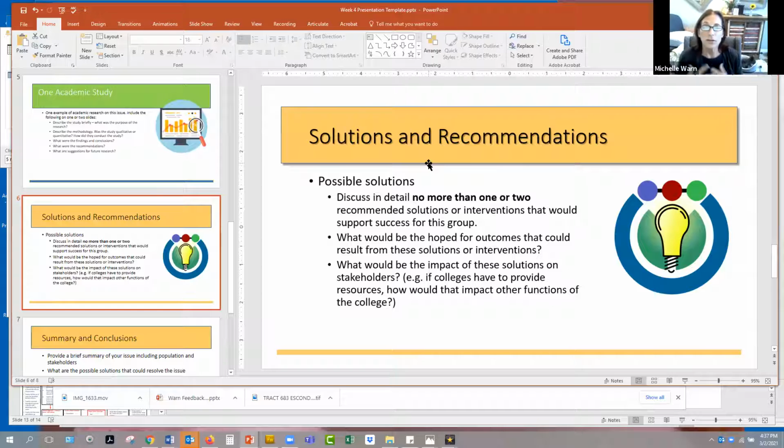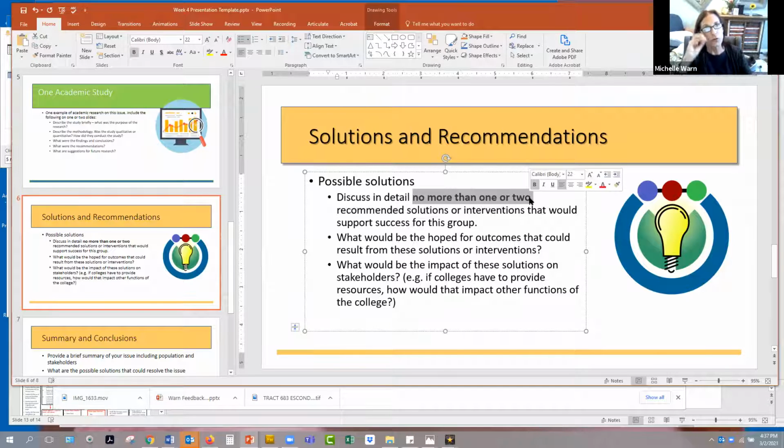Finally, I want to hear about solutions. What are the possible solutions for this problem or this dynamic, this issue? What are things that you've learned that could really solve this problem? All right. And just talk about no more than 1 or 2 solutions. 1 is great, 2 is great, no more than 1 or 2.